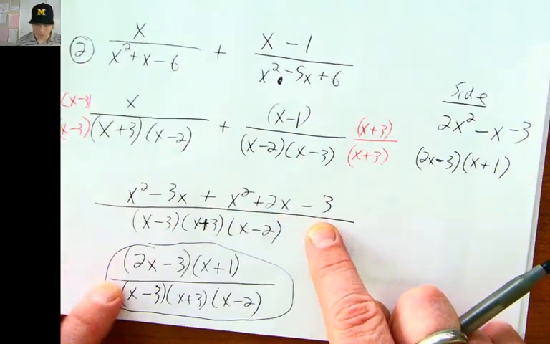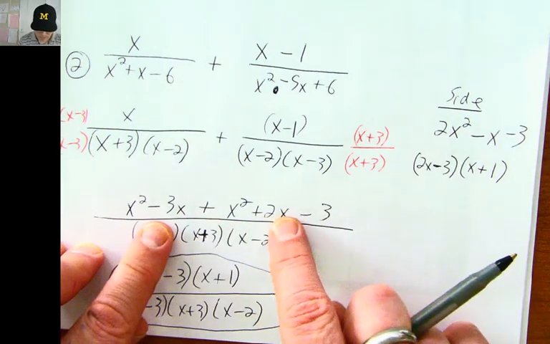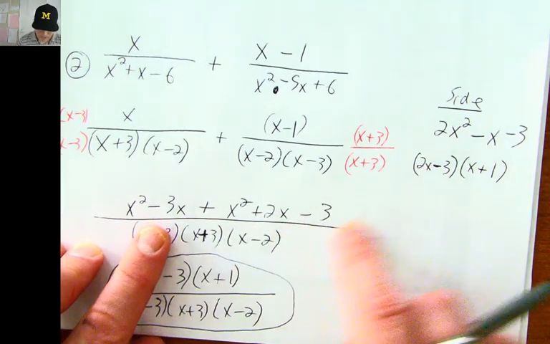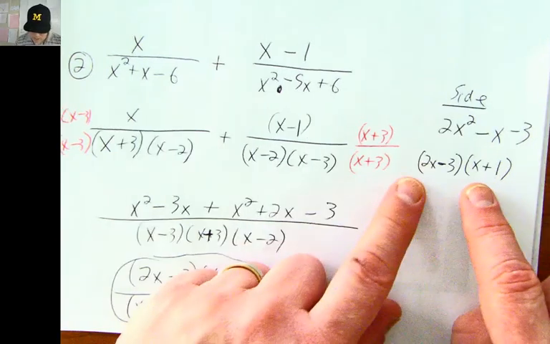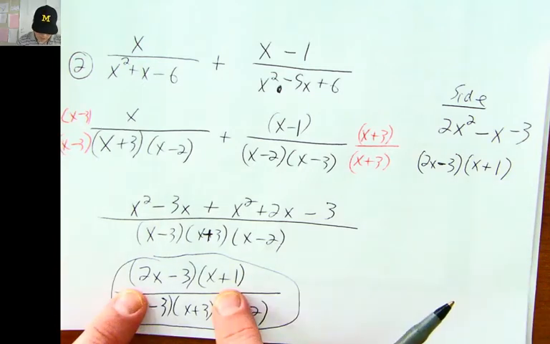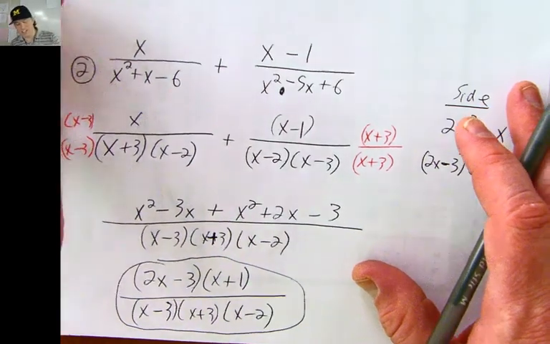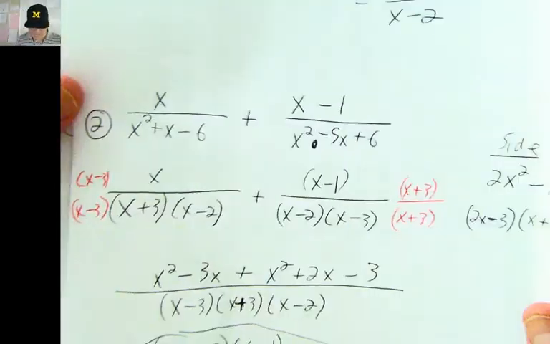Then I do my side work. X squared plus x squared is 2x squared. Negative x minus 3. And then I factored it correctly. Nothing canceled out. That's my right answer. Huh. So usually you could expect stuff to cancel out, but I guess that's not always the case.